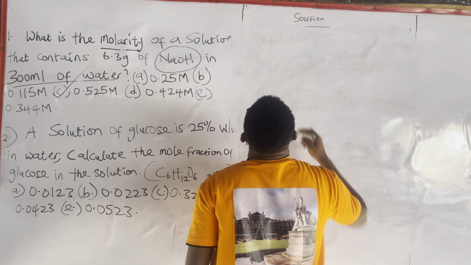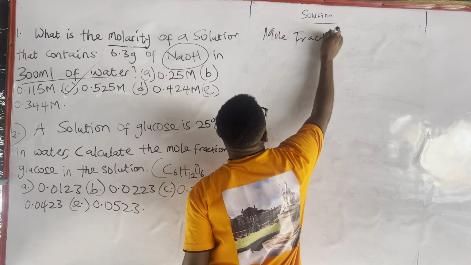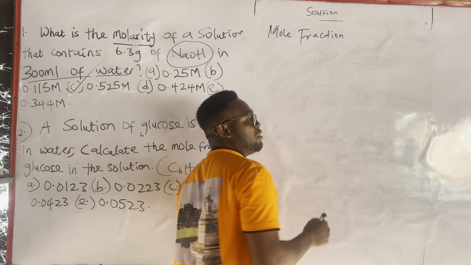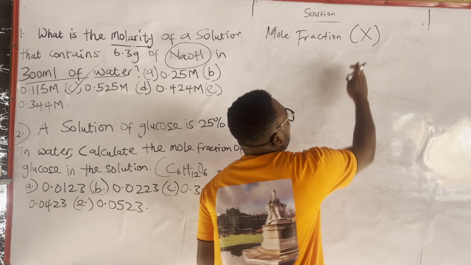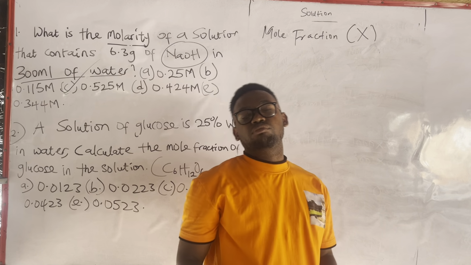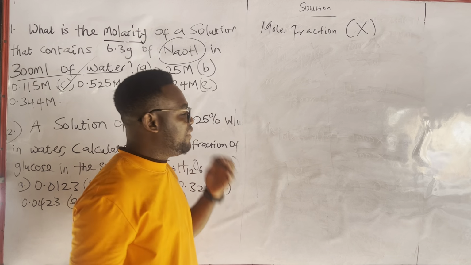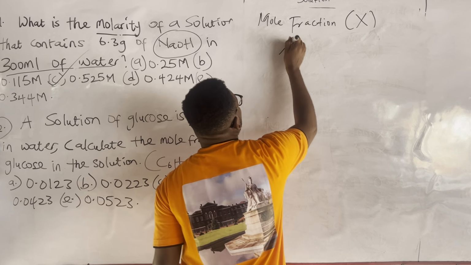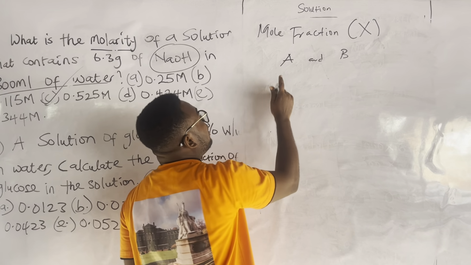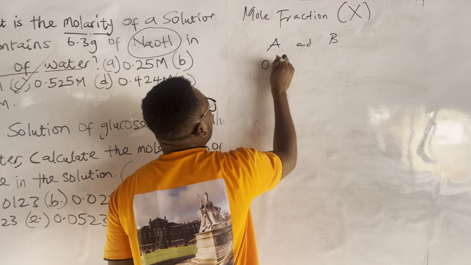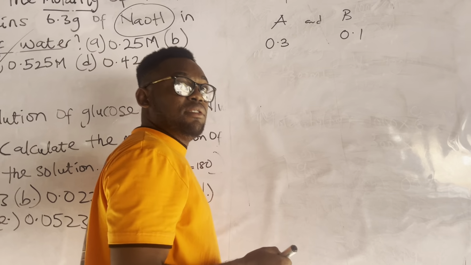Now, we have a concept called mole fraction. In chemistry, we represent it as letter X. So if I have two substances being combined to make up a solution, and I'm asked to calculate the mole fraction of any of them, let's assume we have substance A and substance B, and in the question we are given the mole of A to be 0.3 and the mole of B to be 0.1.